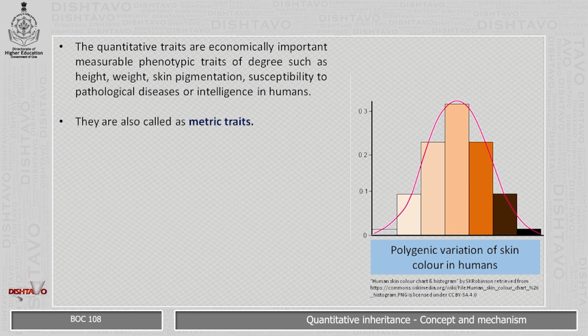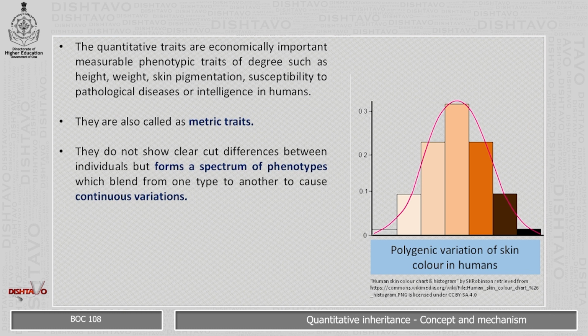Now these are also called metric traits. They do not show clear-cut differences between individuals, but rather they form a spectrum of phenotypes, which blend from one type to another to cause a continuous variation, which gives us a continuous curve.